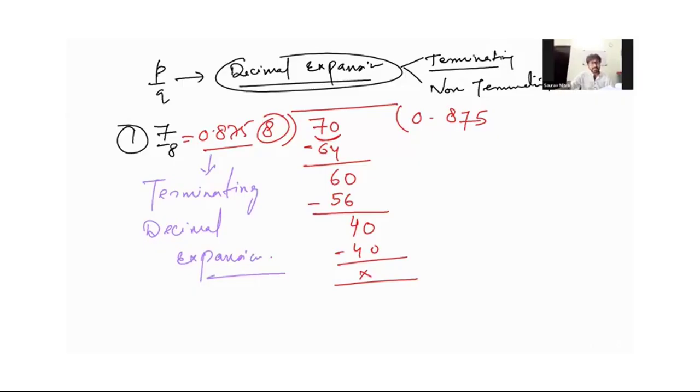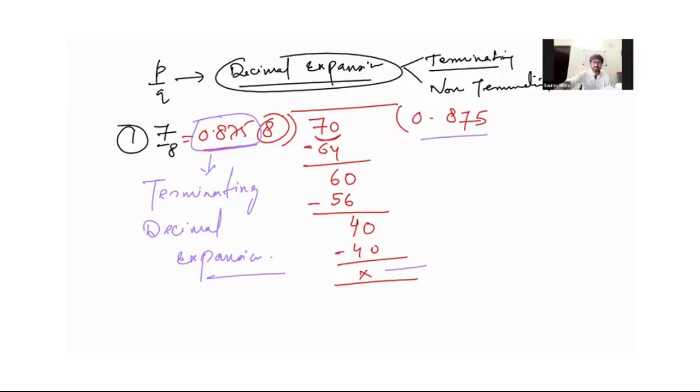It means that it has ended, our remainder is 0. It is not continuing, it is terminated, it has an end. So 0.875 is the final answer. There is no repetition and it is not a never-ending number, it ended at 0.875. So 7 by 8 can be represented as the terminating decimal expansion 0.875.